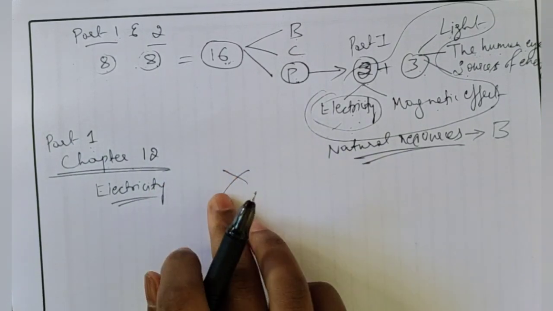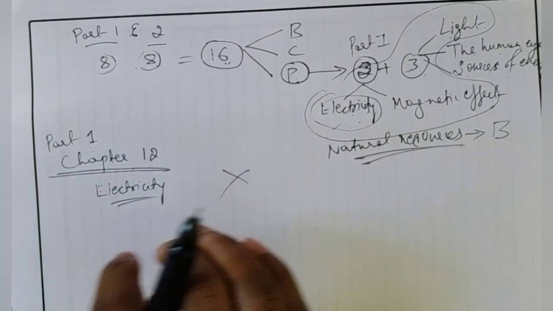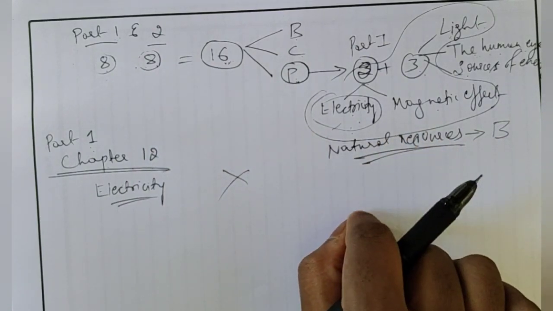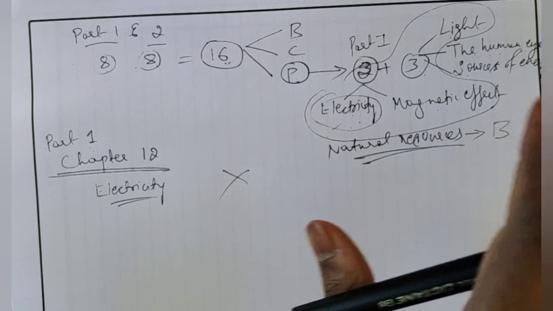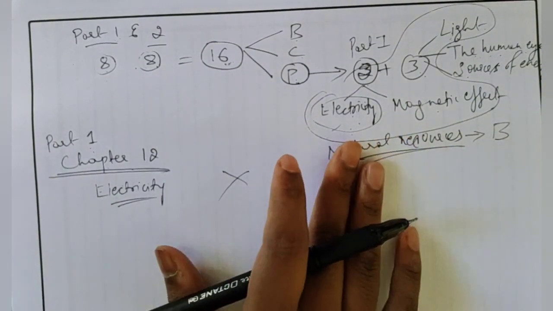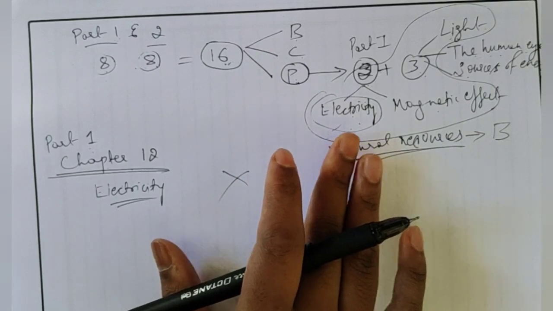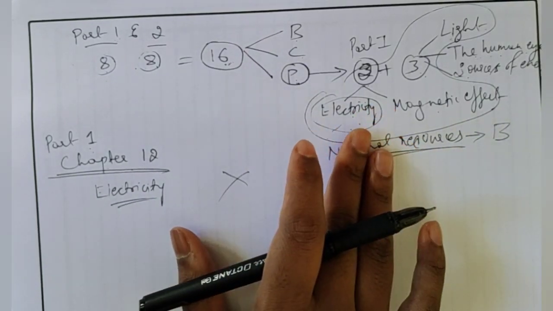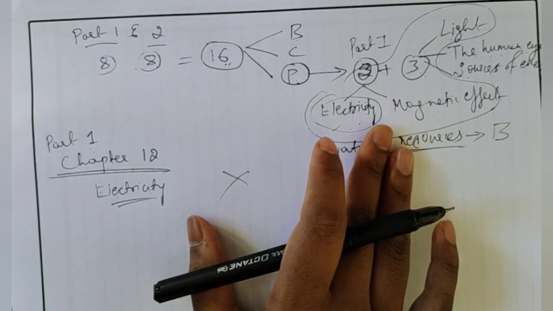No, not at all. In recent times, for everything, from lighting our homes, charging our devices, and for any other work, everywhere, hospitals, etc., electricity has been an integral part of our day-to-day life, isn't it? So it has huge applications.